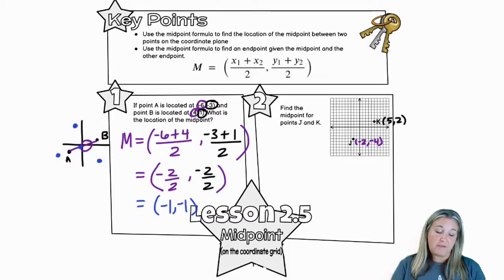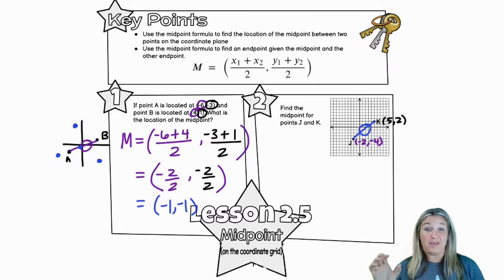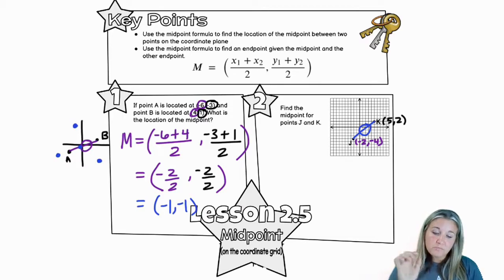Okay, so now I'm going to find the midpoint. So remember, the midpoint is probably, I'm going to go ahead and connect these two. I'm going to venture to guess it's going to be somewhere in here. Okay, I'm broadening my range since I was wrong last time. Okay, so let's look here.